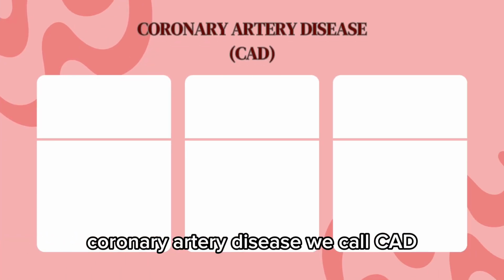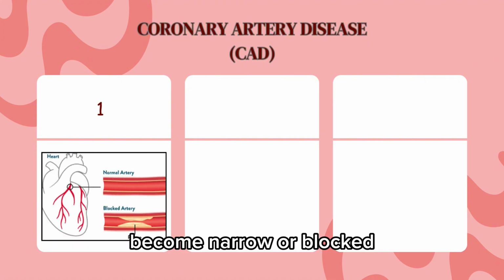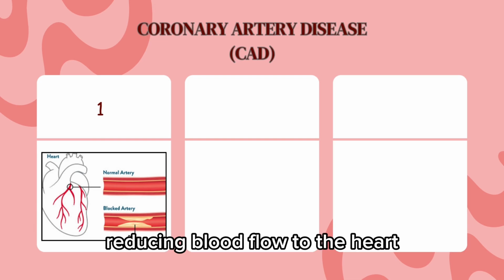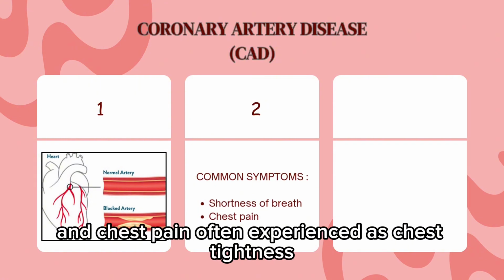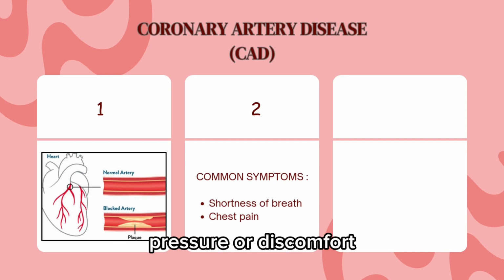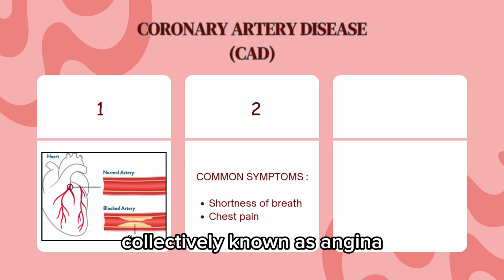Coronary artery disease, or CAD, is a condition in which the coronary arteries become narrow or blocked due to the build-up of plaque, reducing blood flow to the heart. Common symptoms include shortness of breath and chest pain, often experienced as chest tightness, pressure, or discomfort, collectively known as angina.